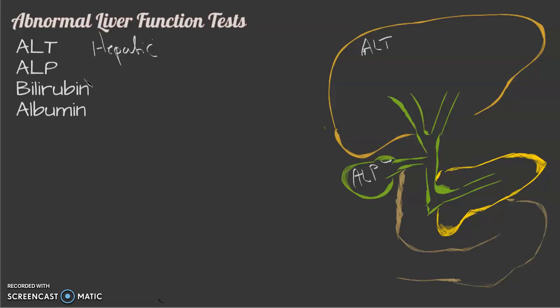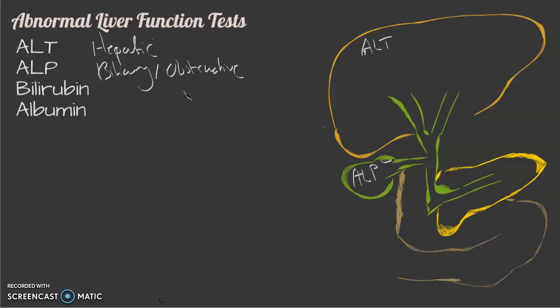If ALP is raised a lot more, then you're thinking of a biliary cause, or some people call it an obstructive pattern or cholestatic pattern. So that's a good place to start, ALT and ALP. Which one's higher? Is it just either one of them alone that's raised?